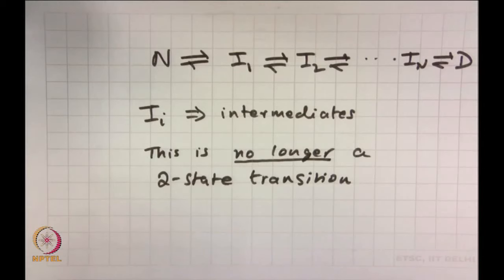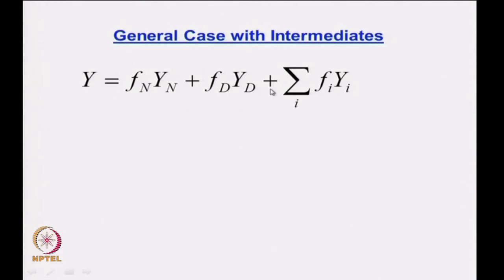But I can at least try to take care of it like this. Initially, when it was two state, if you look at the equation on the slide, y was equal to f_N y_N plus f_D y_D, right. Up till this arrow it was two state, but now you have intermediates.